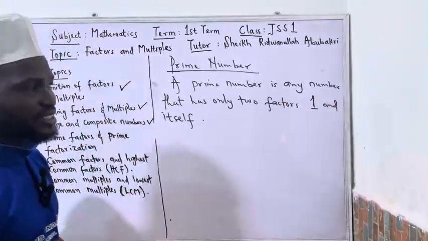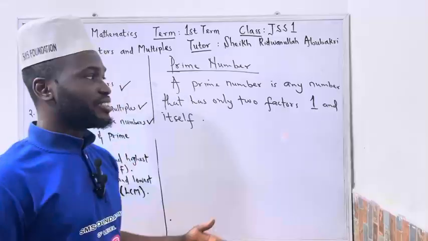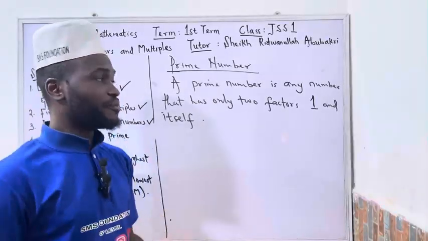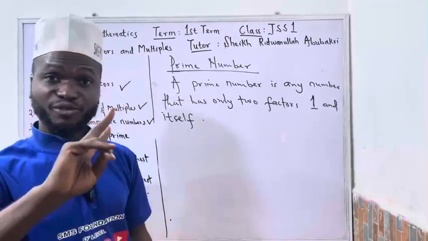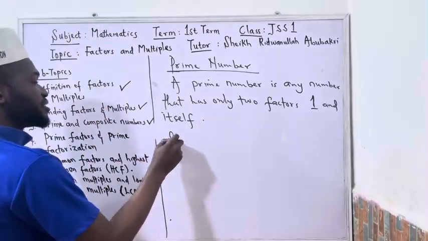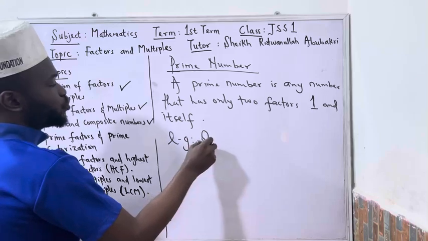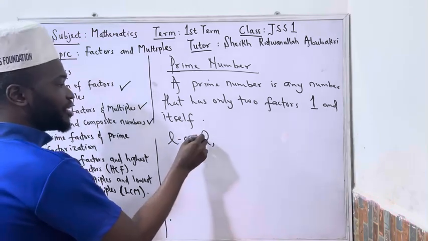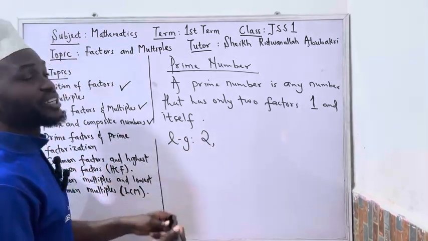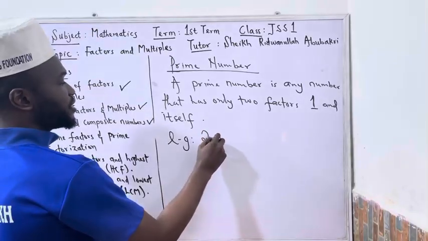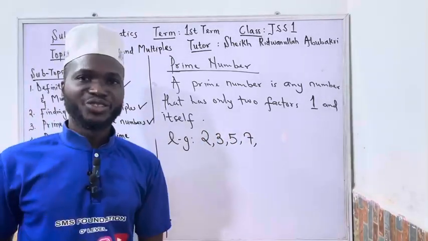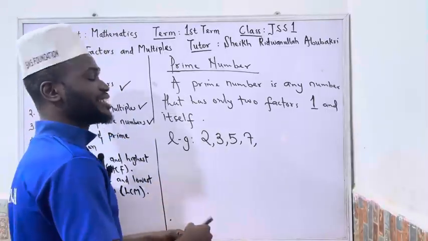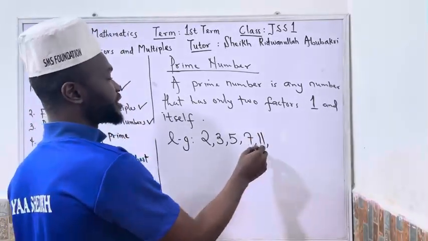So we have several examples of that in the real number system. So from 1 to 100, between 1 and 100, we have 25 prime numbers. Example, starting with 2. 2 is a prime number, and this is the only even number that is prime. So we have 3, we have 5, we have 7. So 8 is not, 9 is not, 10 is not, then 11 is the next.